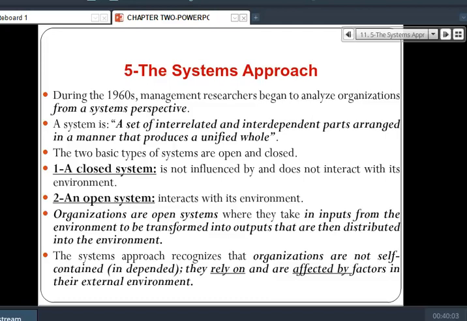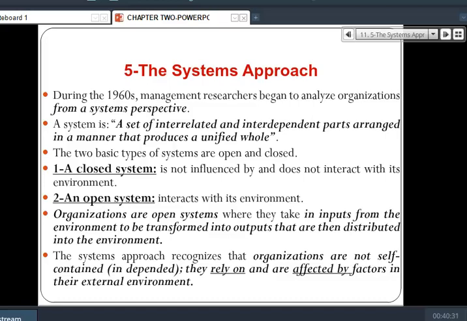A closed system is not influenced by and does not interact with its environment. The closed system never affects or gets affected by anyone outside or inside. Whereas an open system interacts with the environment, so it affects and gets affected by the outside or inside environment.